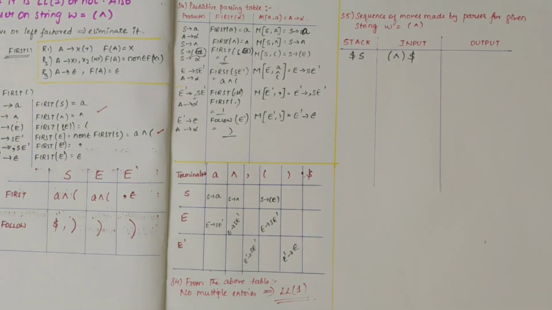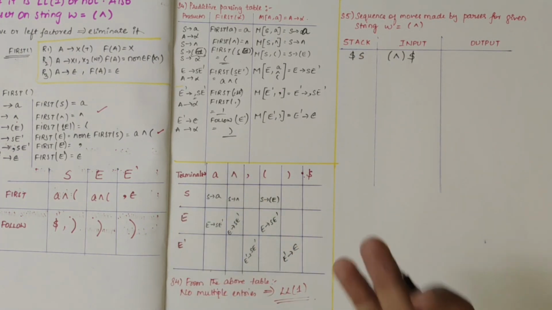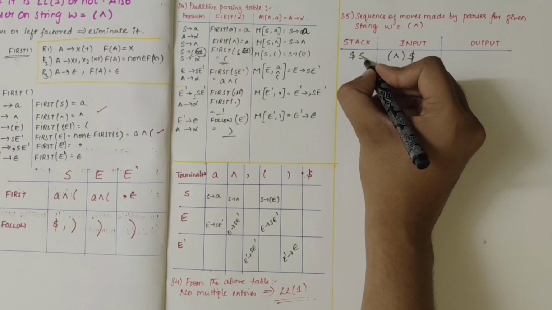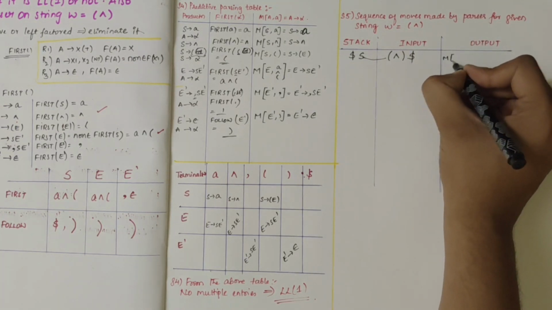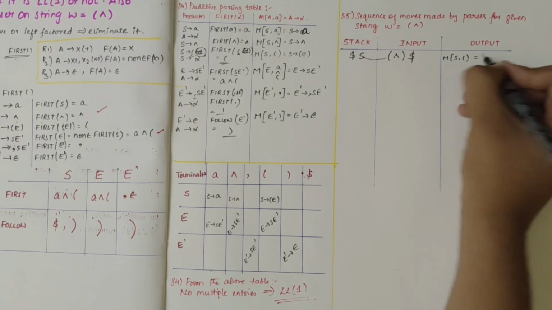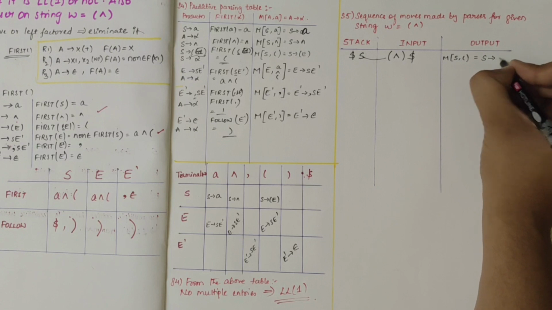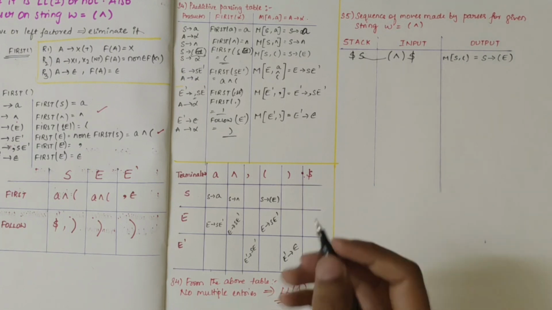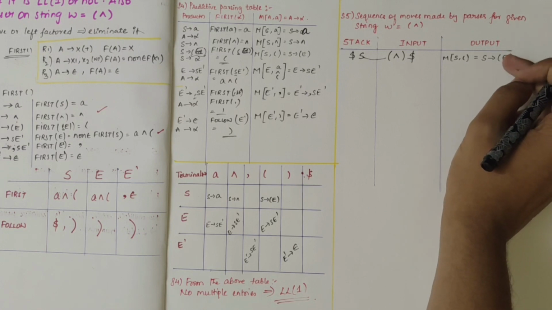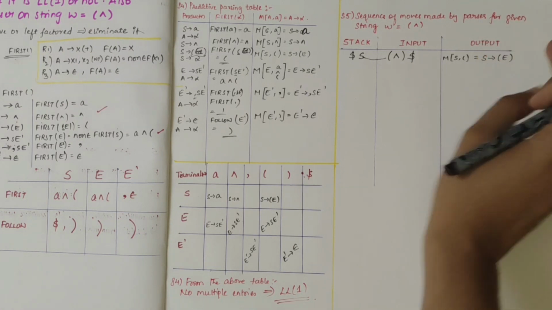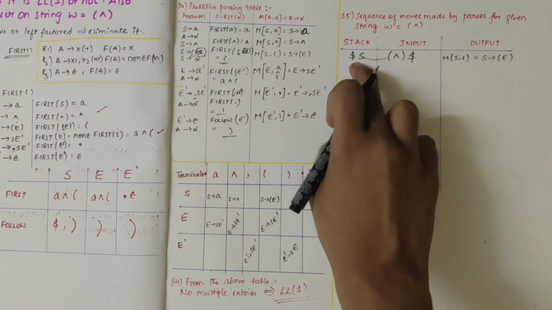Now we need to start checking if the combinations exist in the parsing table or not. So first I'll take S and open bracket. So M of S comma open bracket is equal to S derives open bracket. There's a production S derives parenthesized E. So now that I've obtained open bracket E and close bracket, I need to reverse these values and substitute and replace it in the place of S, after the dollar.